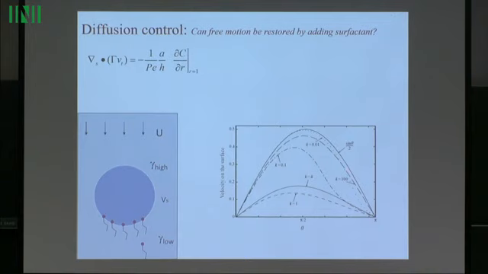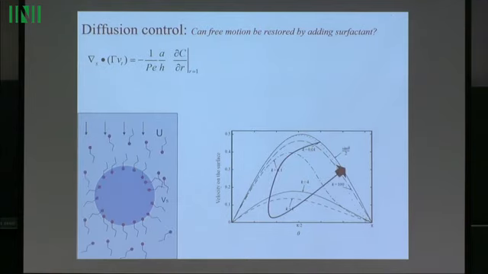If they add a bit more, they see something reminiscent of these stagnant caps. If they add more, they have uniform retardation. But then if they add still more, they move their way back up to the clean surface flow. So the picture here is this. Surfactants are so plentiful that they can adsorb onto the interface rapidly because we're in a diffusion controlled limit.